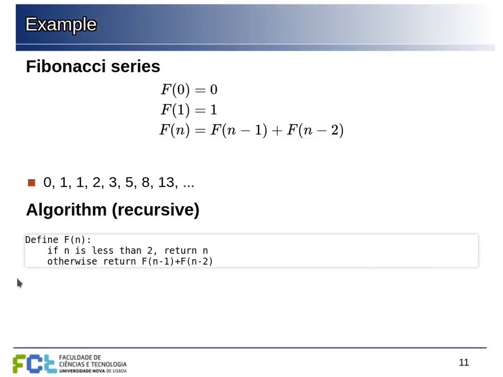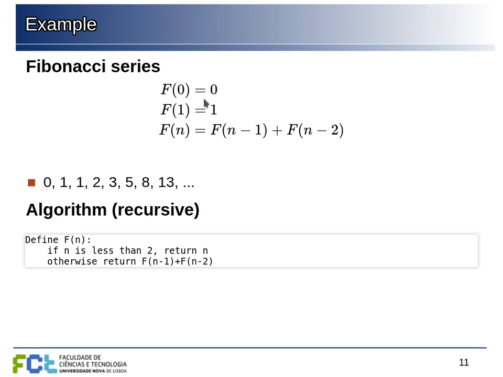So let's say this is our algorithm. We have this function f(n) for computing the Fibonacci number of index n, and we check if n is less than 2, that is, if it's 1 or 0, then we simply return n, because f(1) is 1 and f(0) is 0. This takes care of these terminal cases here.